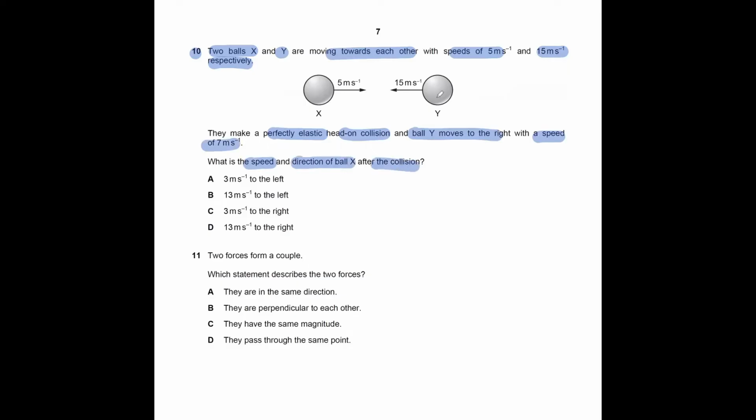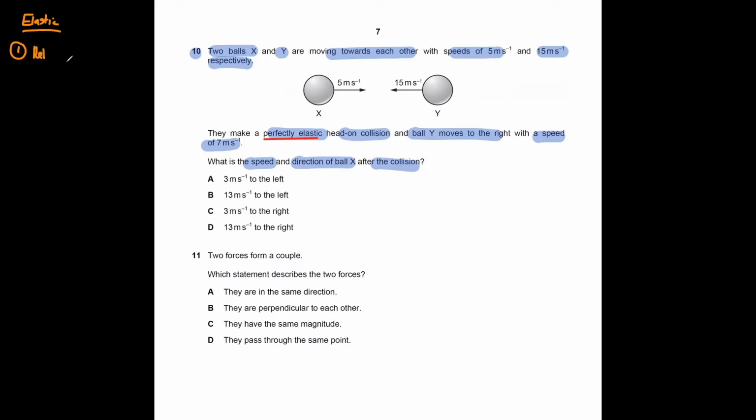This is actually one of the past year questions that has been repeating itself quite often if you've been doing your past year questions. They told you that your collision here is perfectly elastic. When you know that your collision is perfectly elastic, there's usually two criteria that come into play.